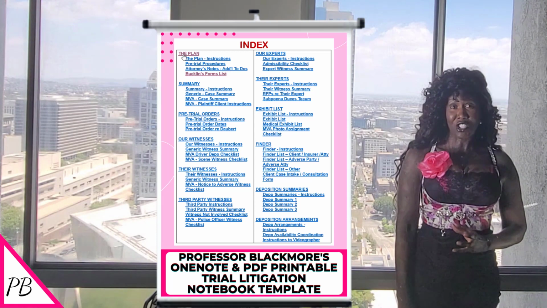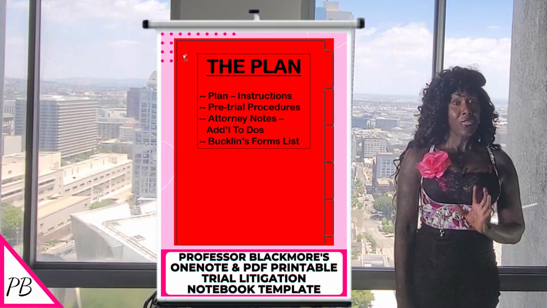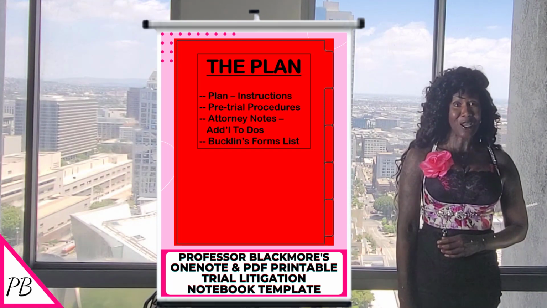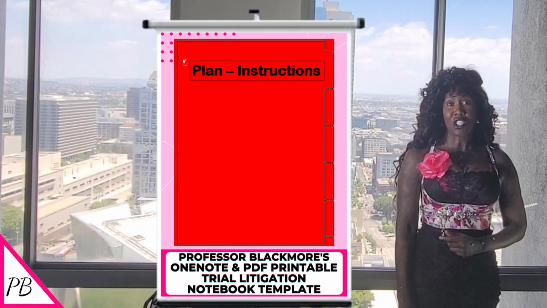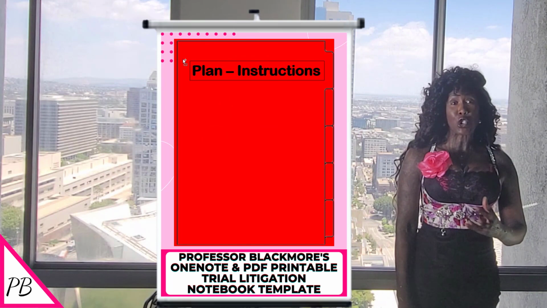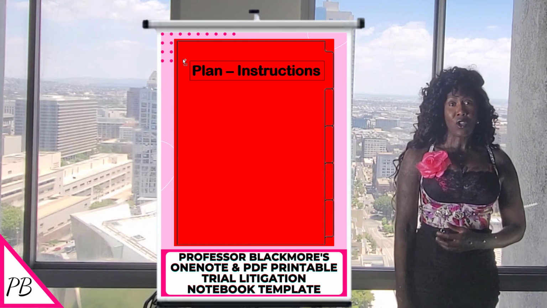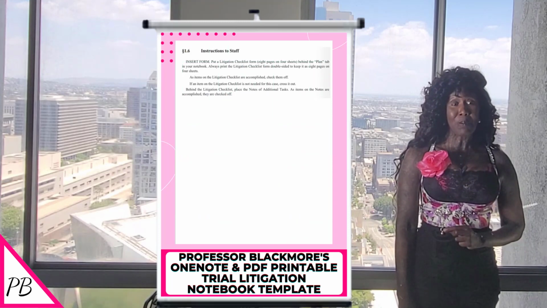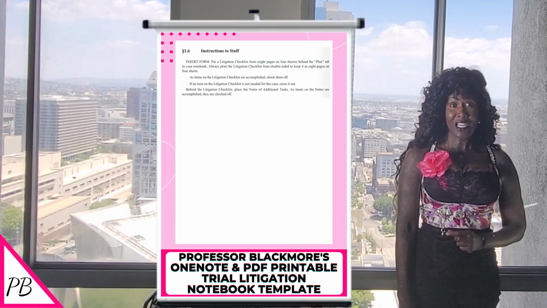Now, the first section in the trial notebook is called the plan. So when you look at the plan section, for example, the first subsection is going to be the instructions. Now, the instructions instruct us to include a copy of the litigation checklist.